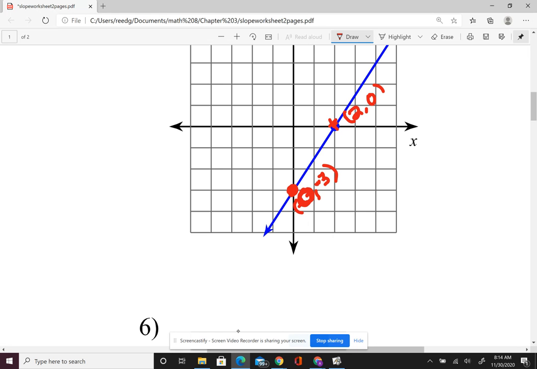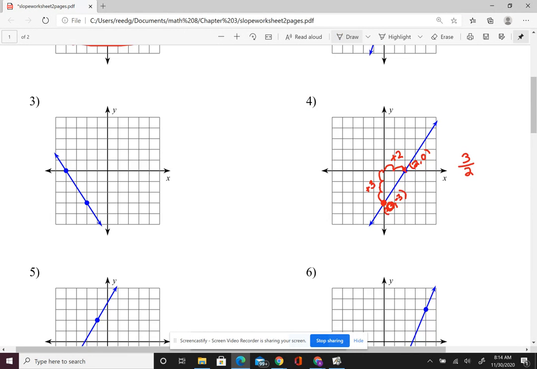Well, rise 3 and run 2. Okay, so I'm going up 3 and I'm running over 2 units. So 3 over 2 is my slope. Okay, thanks.